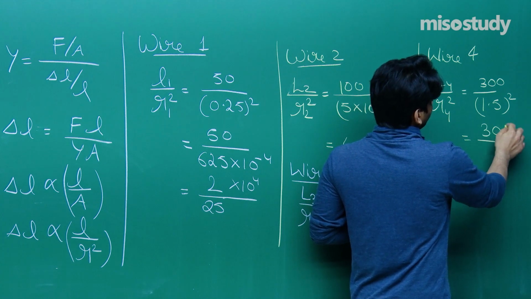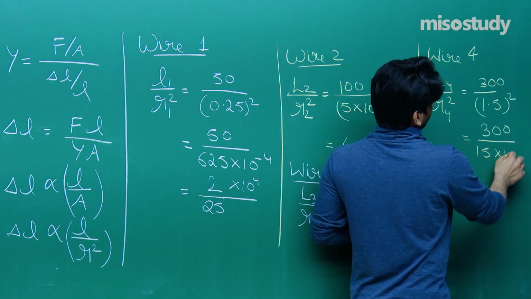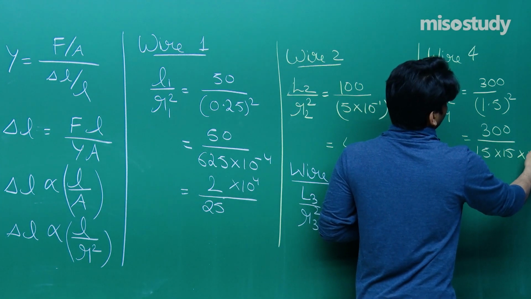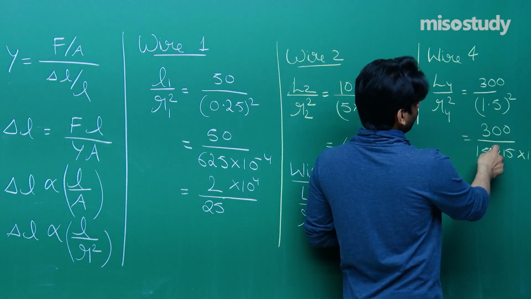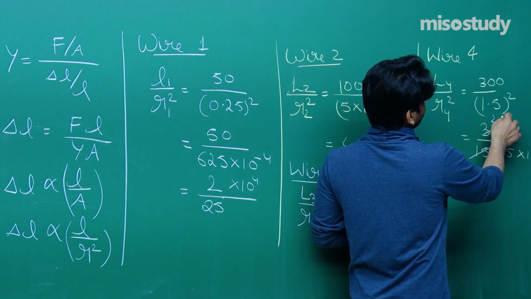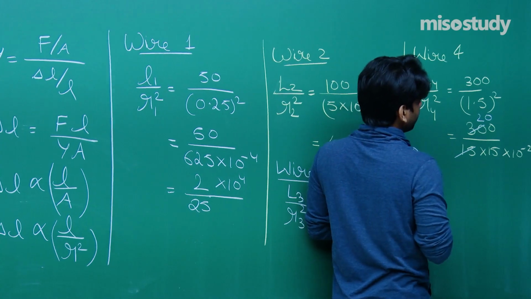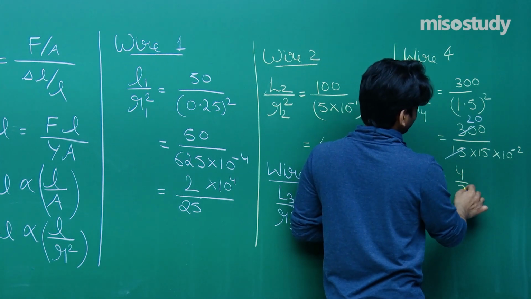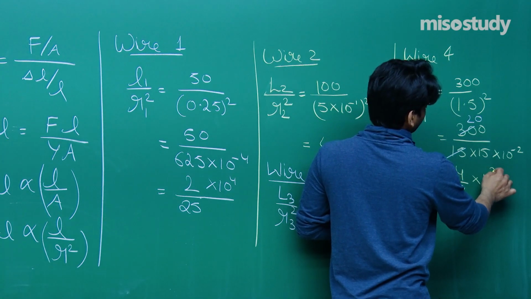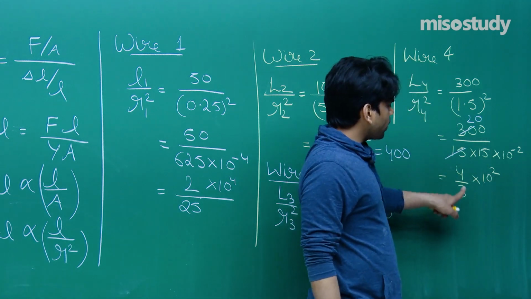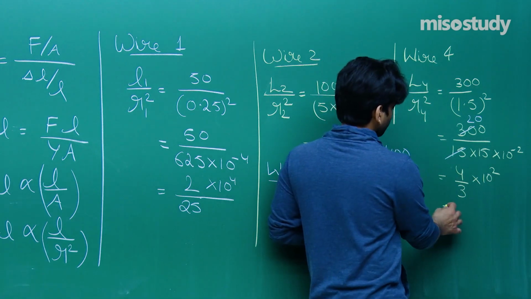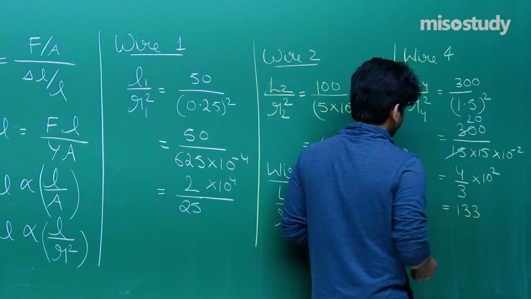So 15 into 15 into 10 to the power minus 2. You see here, 15 into 30 will go 20 times. 20 by 15 will give you 4 by 3 into 10 to the power 2. So 4 by 3 is 1.33, so you can write approximately 133.